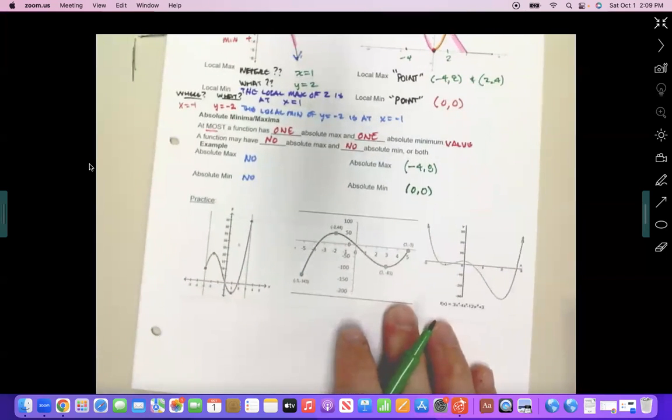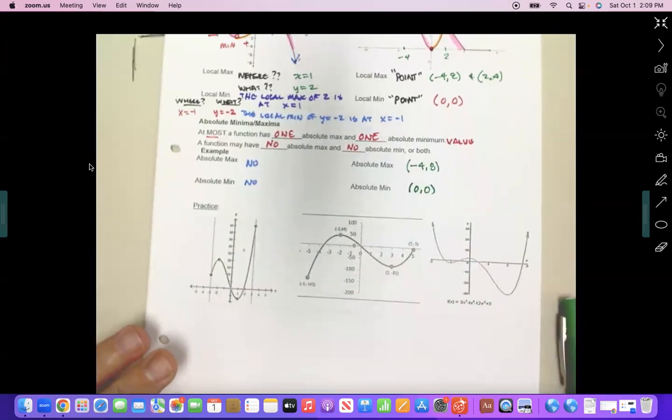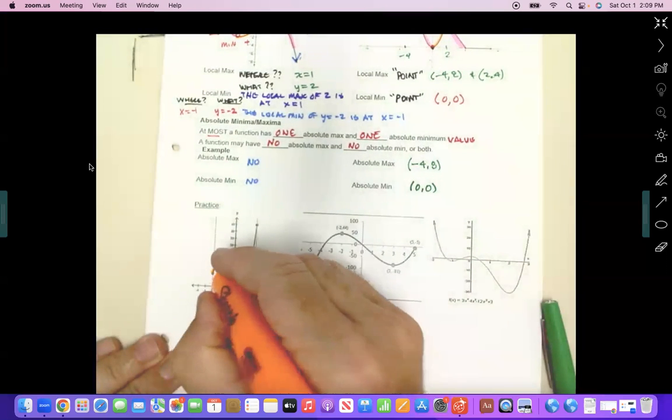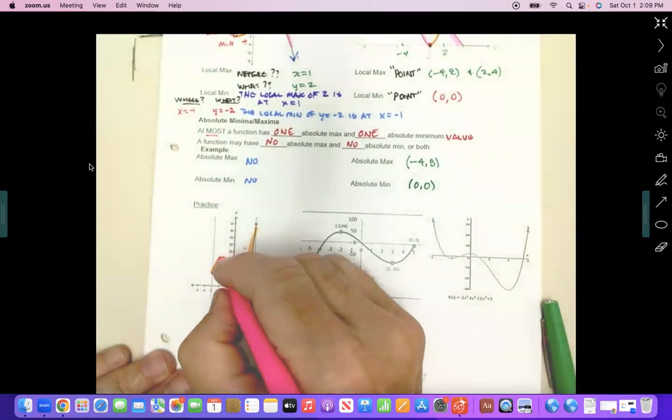Let's take a look at a couple practice problems. Again, if you want to pause the video, do your work, and then check, you're fine to do that. I'll go ahead and walk you through this one. You'll see on this one that we've got increasing, increasing, and then a section of decreasing.